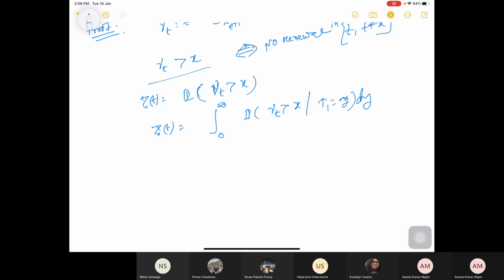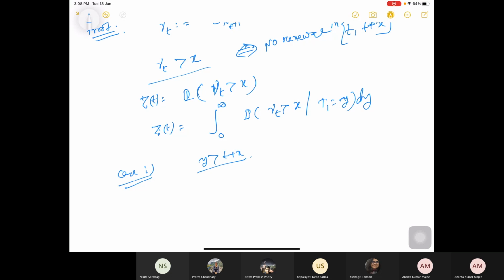So then there are three cases. Case 1: what happens if my y is greater than t plus x? Y greater than t plus x means basically, see, nu t is greater than x, that means there is no renewal between t and t plus x.